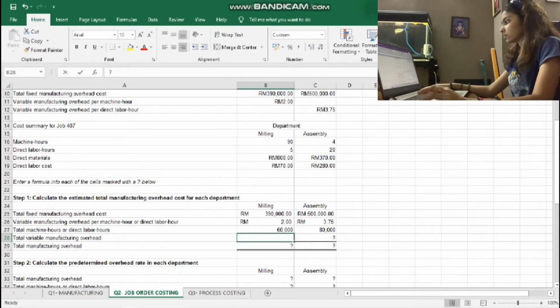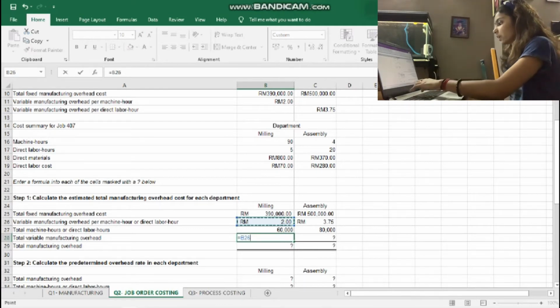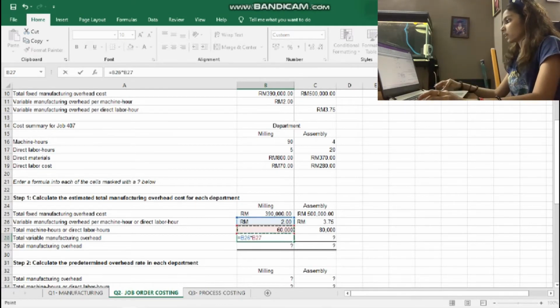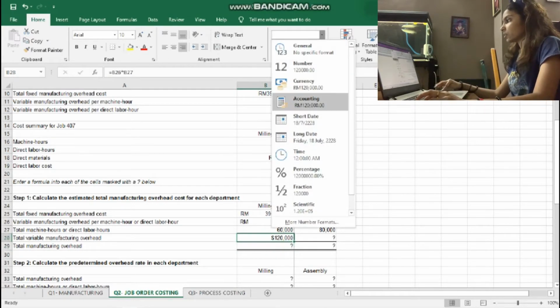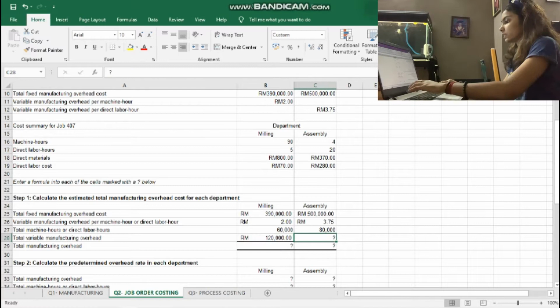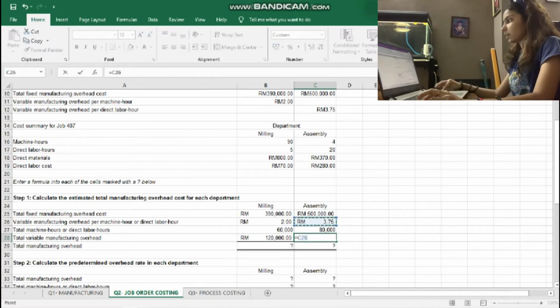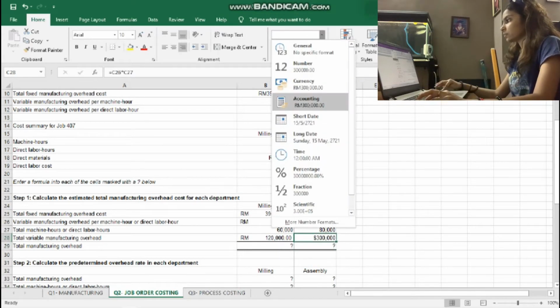Okay, total variable manufacturing overhead is this variable manufacturing overhead per machine hour times total machine hours. So 2 ringgit times 60,000 will get 120,000 ringgit, and for assembly it's the same, 3 ringgit 75 cents times 80,000 will get 300,000.